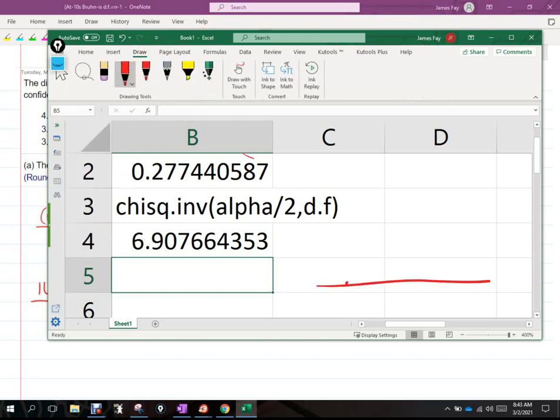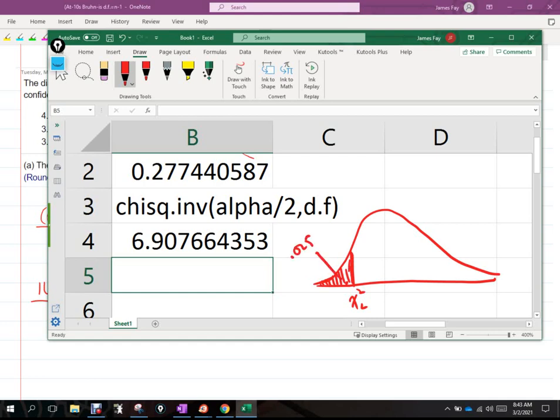So our chi-squared is a right-skewed distribution, and what we just found, okay, is that area right there, okay? Is that okay with everybody? Like I said, I didn't find that area, but that area is 0.025.